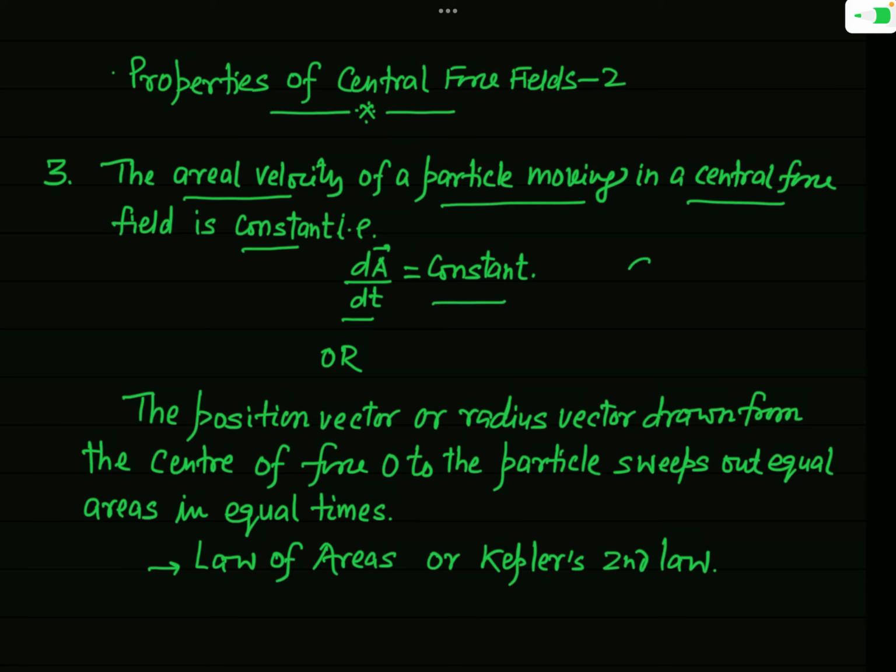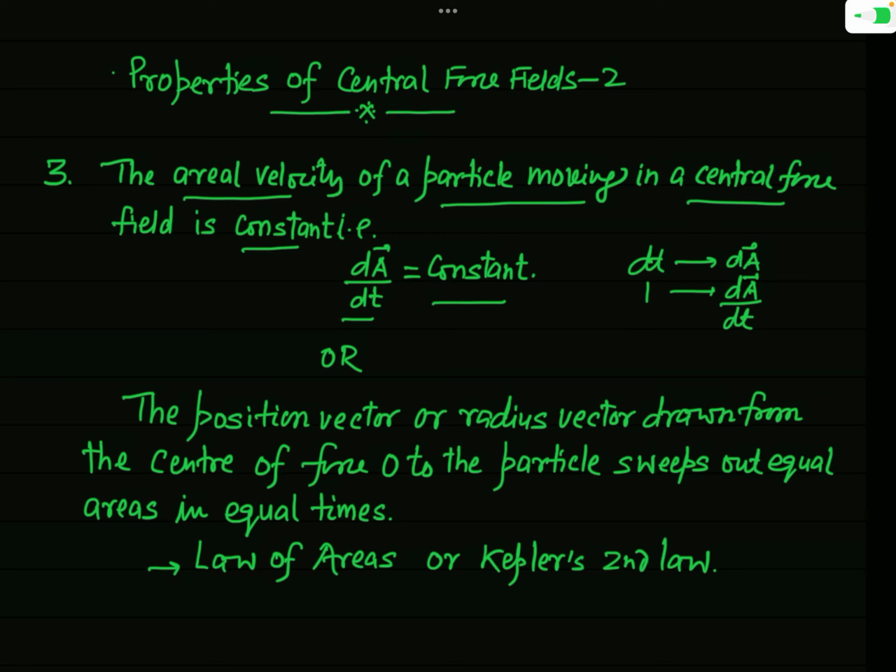So since in time dt the area vector described by the particle is dA, in unit time it will be dA by dt. And the area described by the particle in unit time is known as its areal velocity. So we simply say that the areal velocity of a particle moving in a central force field is always constant.